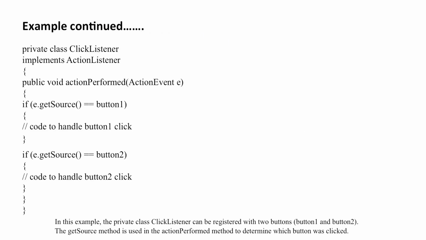So this is one example. Here we have a click listener class which is registered with two buttons, button 1 and button 2. The getSource method is used in actionPerformed.